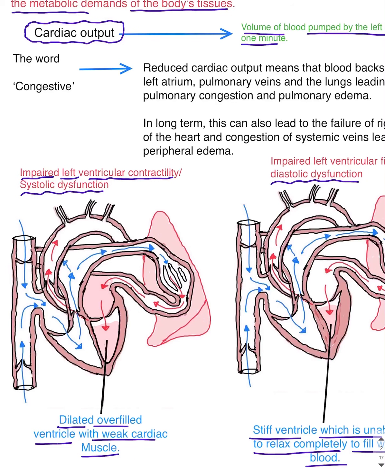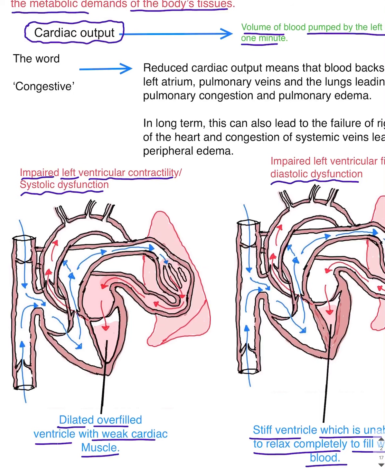So, less blood is ejected out of the heart, and comparatively more blood is brought to the heart. So, the blood backs up in the left atrium, and as the blood backs up in the left atrium, it also backs up in the pulmonary vein, and the blood also backs up in the pulmonary capillaries, causing pulmonary congestion.